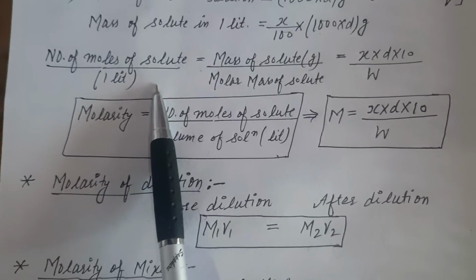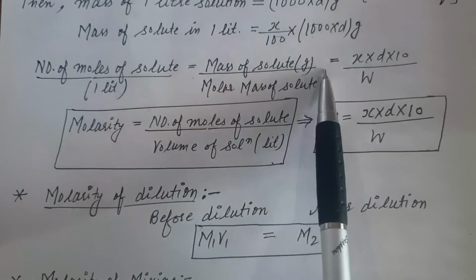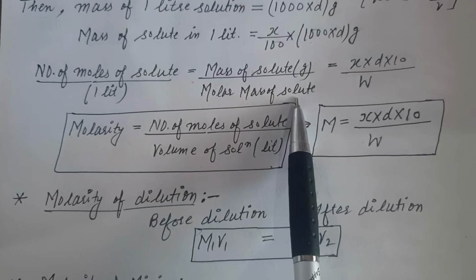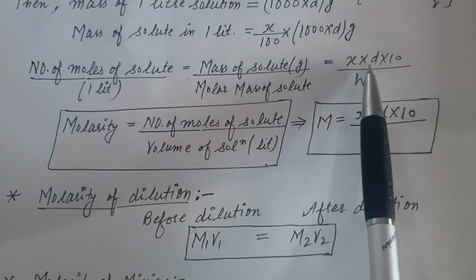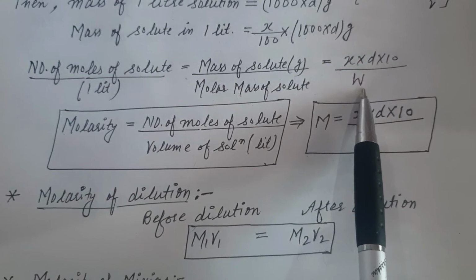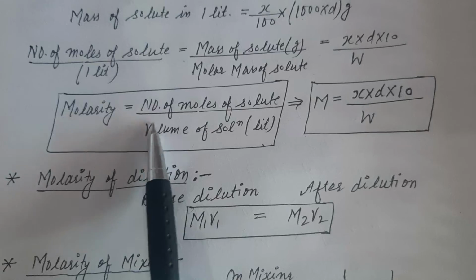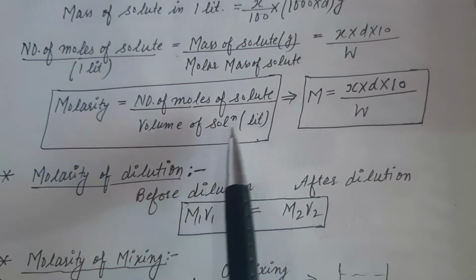So the number of moles of solute for 1 liter is equal to mass of solute in gram upon molar mass of solute, which is x into d into 10 upon W, where W is the molar mass of solute. So molarity is equal to number of moles of solute upon volume of solution in liter.